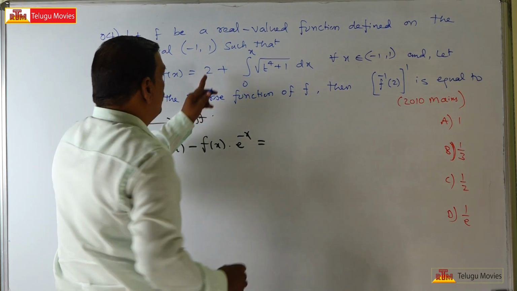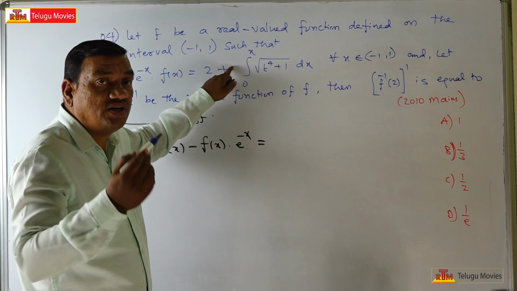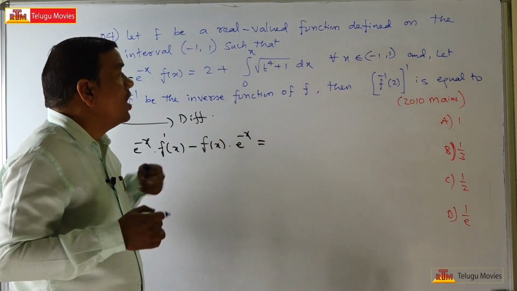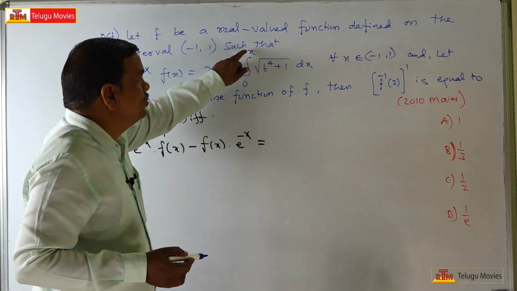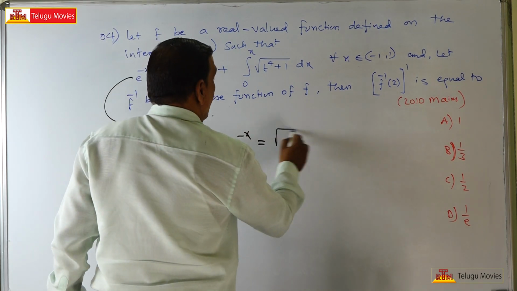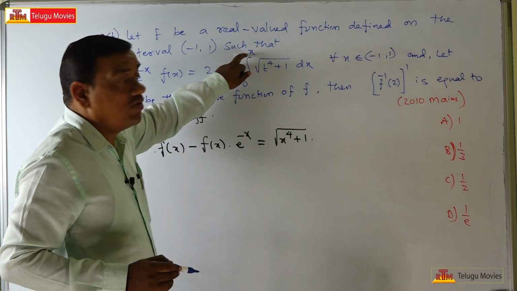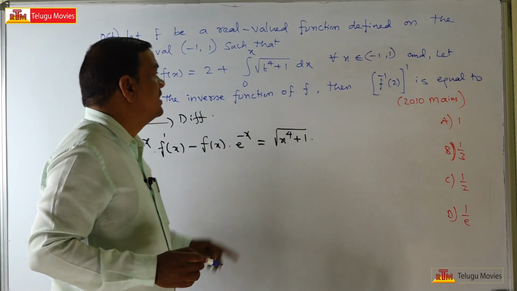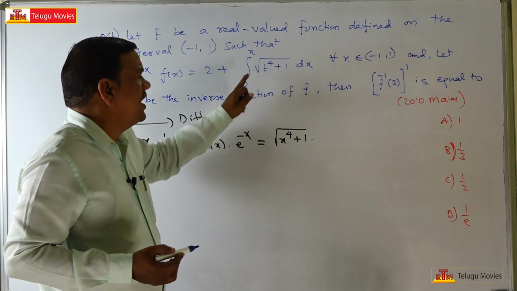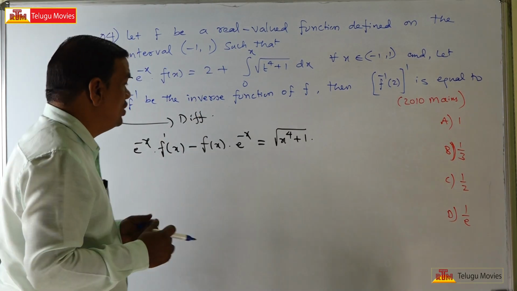This is equal to 2 derivative is 0, plus here for differentiation of the integral we have to apply the Leibniz formula. How to apply the Leibniz formula? First you put the upper limit x in this integrand, that is root of x power 4 plus 1, into the derivative of x, which is 1, minus substitute 0 here, 0 plus 4 plus 1, into the derivative of 0, which is 0 only. So the second part will become completely 0.